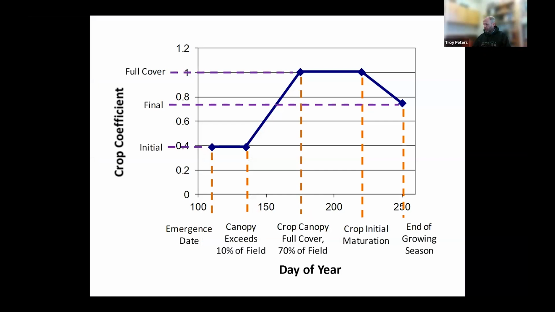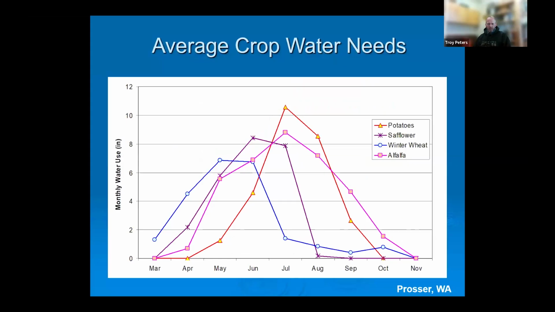This is a simple way to try to estimate what the curve looks like, in a way that people can change those numbers and adjust them for their different crops. So here's how typical crop water use changes.